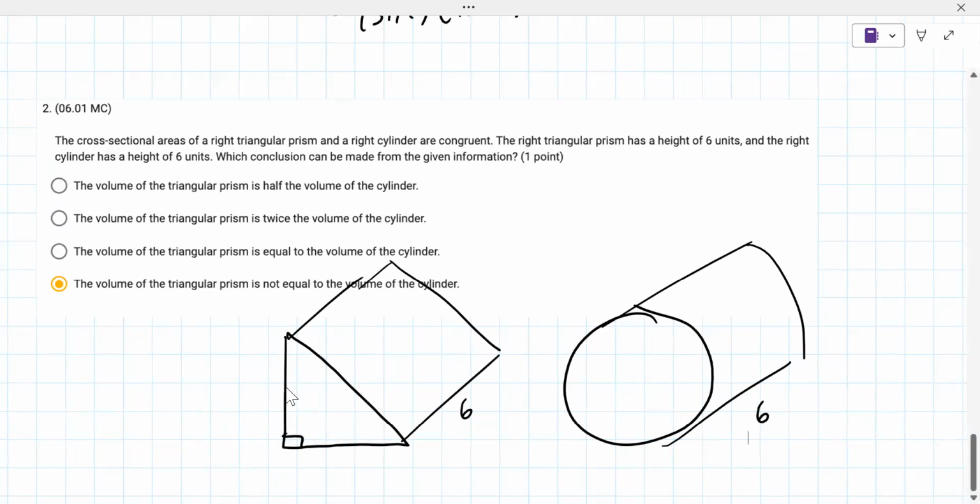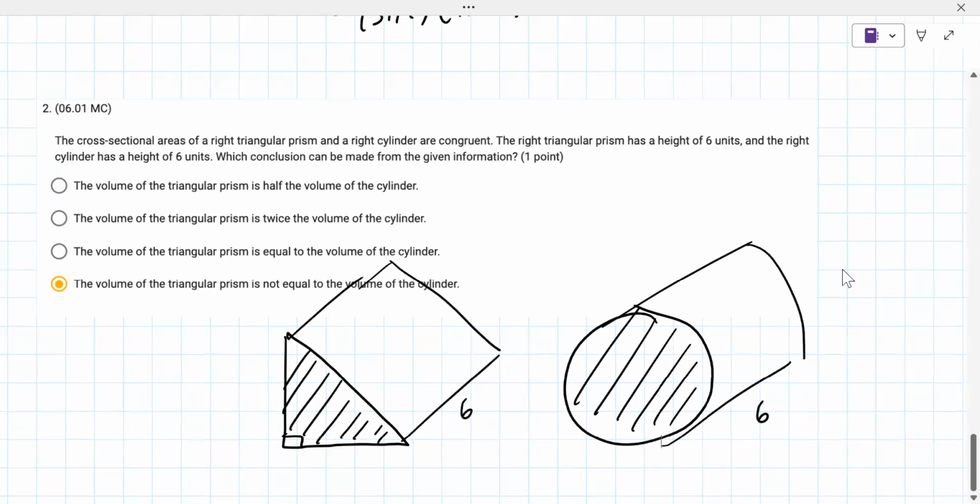So they're saying that the cross-sectional areas are congruent. So this face is the same as this face right here. Since the heights are the same, that would indicate that the volumes are the same.